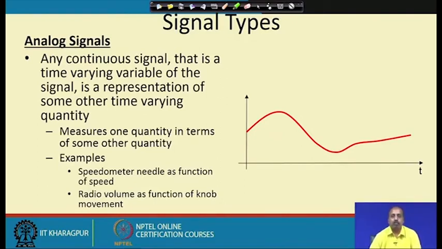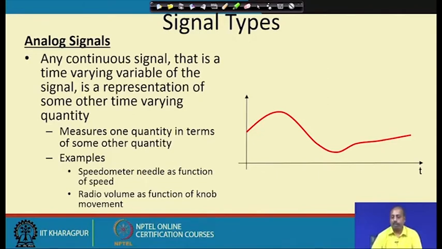For our ease of processing, we convert them into digital, but the actual signal that we get from the environment, or the actual signal that we need to produce to the environment for controlling some equipment, is going to be an analog signal. Any continuous signal that can be represented by a time varying variable is an analog signal, and it is a representation of some other time varying quantity.